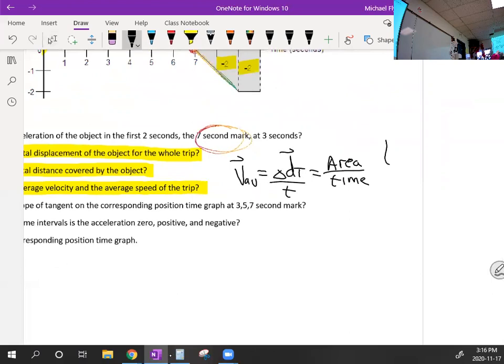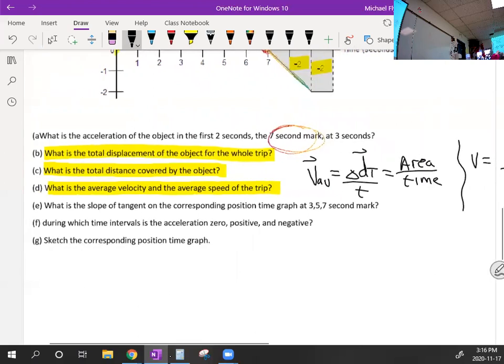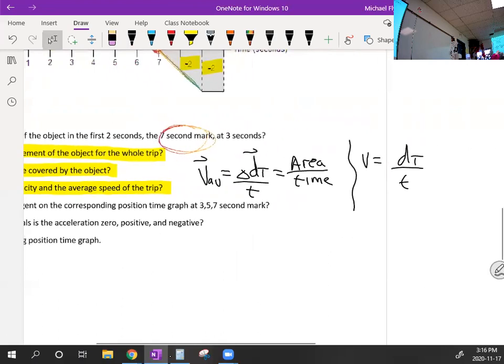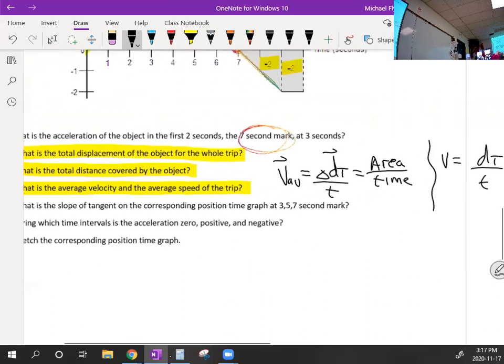And the average speed would be the total distance divided by time. And that is the answer, where we count the -2's as positives and we add it all up. So you just go distance over time. And that's how you do the average speed.